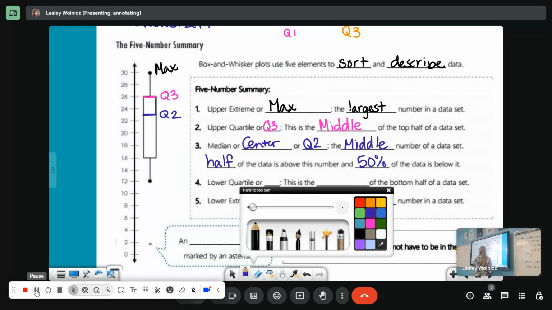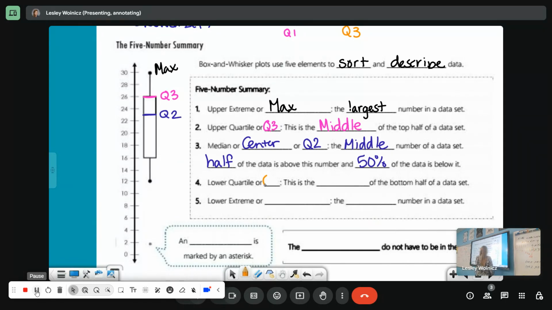The lower quartile, or Q3, this is the middle. Whoops, that's Q1. Thank you. The middle of the bottom half of the data set. And then our lower extreme or minimum is the smallest number in our data set.